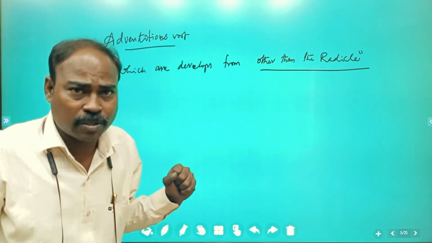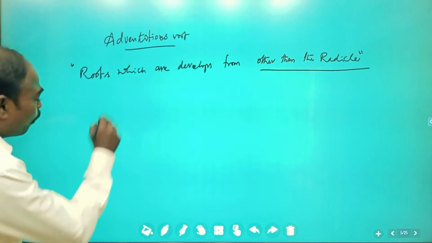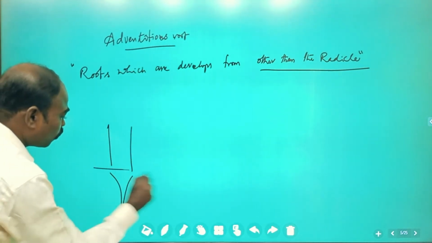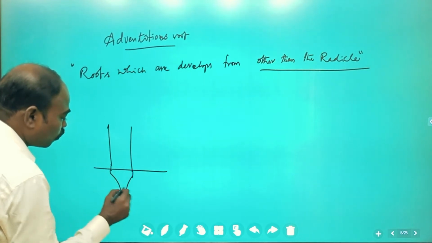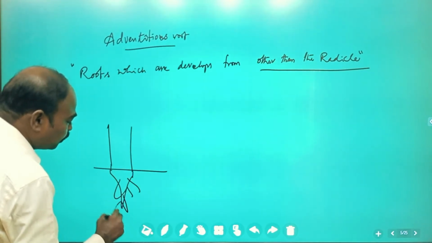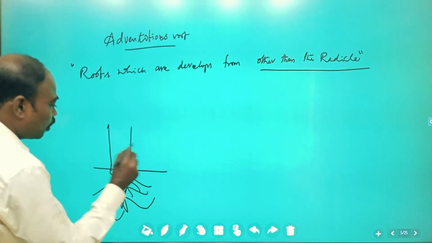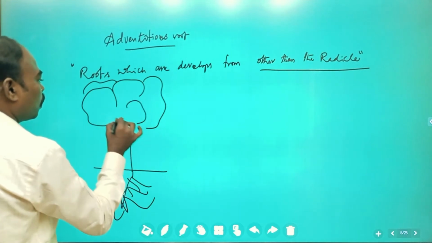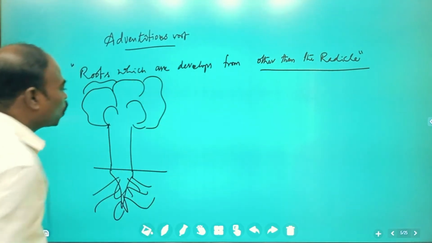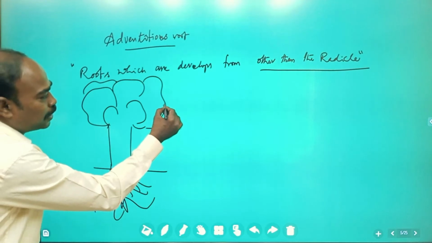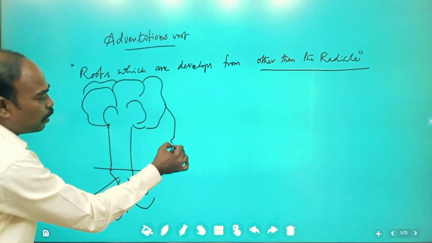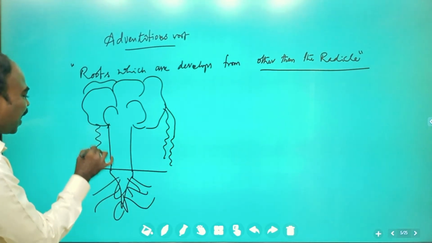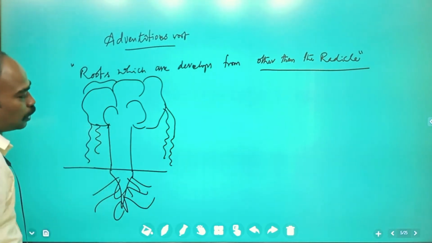I am going to give examples. For example, you see the prop roots. This is a taproot system. In the banyan plant, you know that from the aerial branches of the stem, some roots are developed towards the soil and fix the plant and give additional support to the plant.